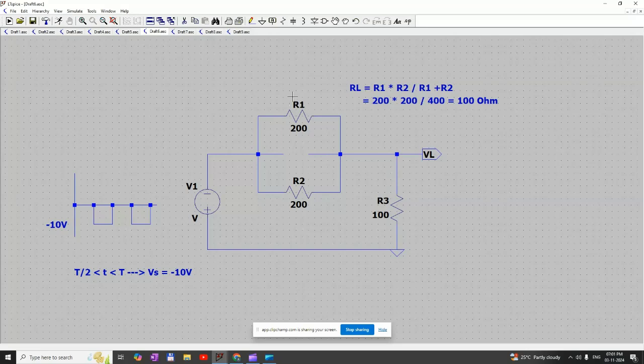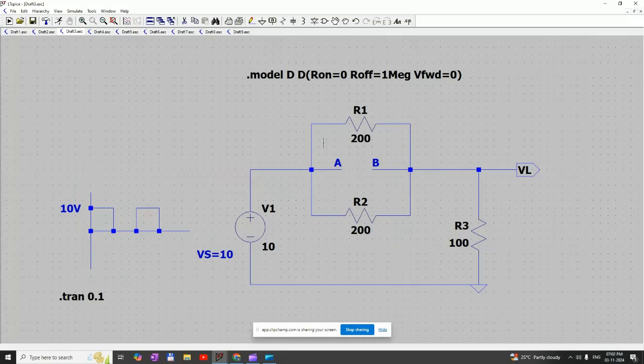If we apply the parallel rule, we will get the 100 ohm resistor at this location due to the voltage divider rule. Here we have a 100 ohm resistor, and here also we get a 100 ohm resistor, so we can conclude we are getting 5 volt here. So 5 volt is more than 0 volt, so we can conclude this diode is conducting.